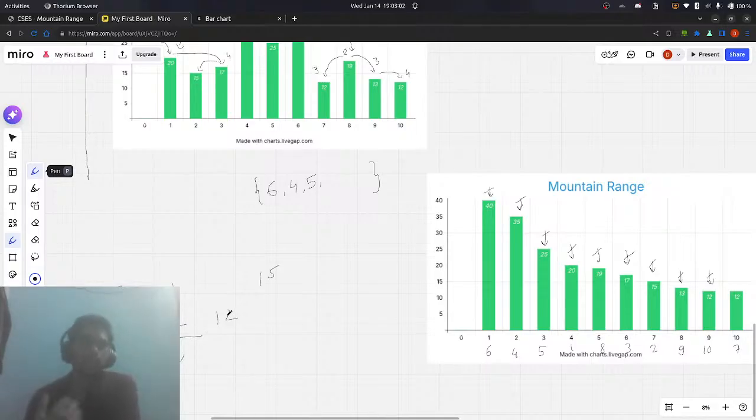Then only we will put the value in the set. Otherwise, we don't need to.